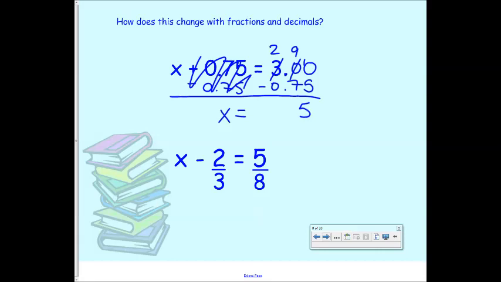Okay, plus 2/3, plus 2/3. What happens here? Those are gone. So what do I have left on the left side? X equals. Okay, now, Dejane, I need like denominators. This is set up really nicely for me. I like them vertically. What's a like denominator between 8 and 3, Elijah? Good, 24.